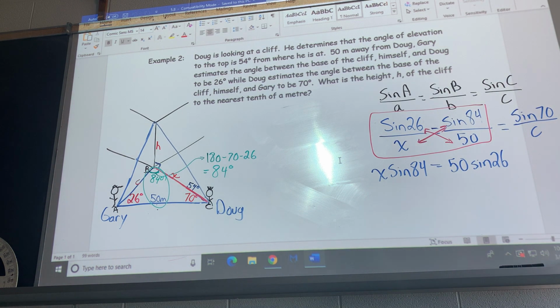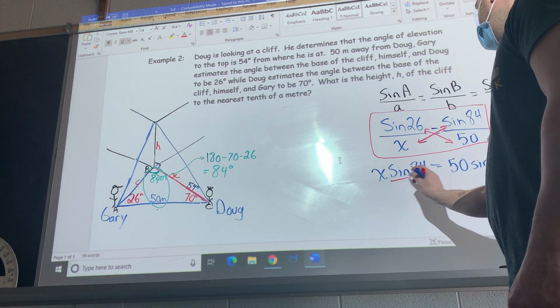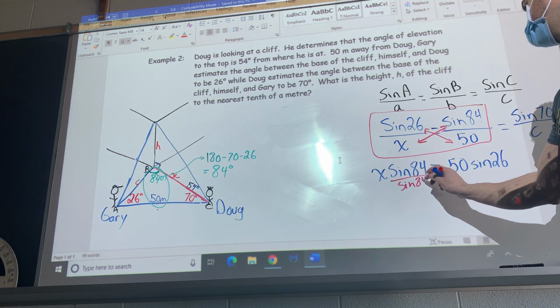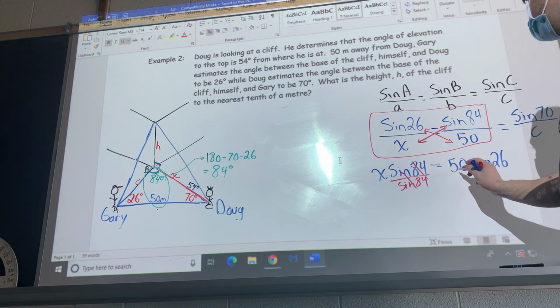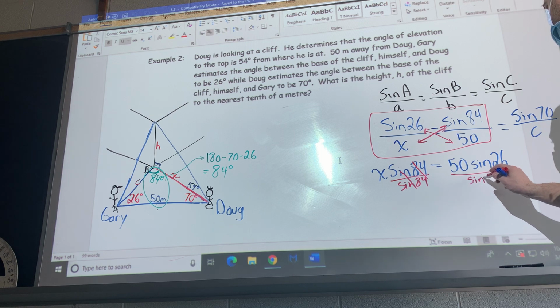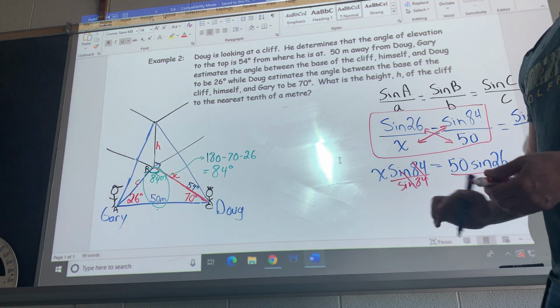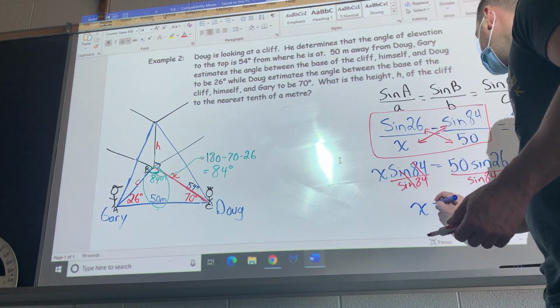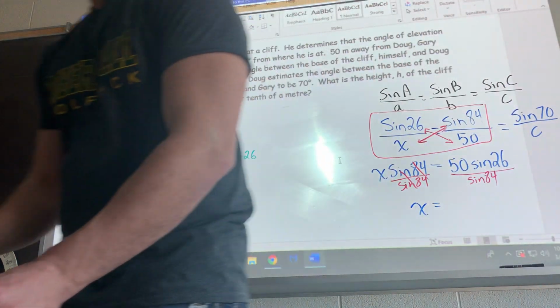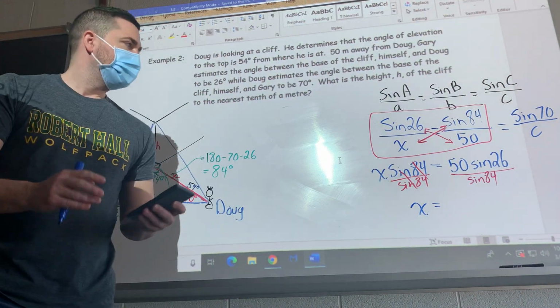Okay, what do I do now? What do I do now, Adrian? Yeah, so divide by sine 84. And now let's answer it. We do not have to do an inverse because we're not looking for an angle.